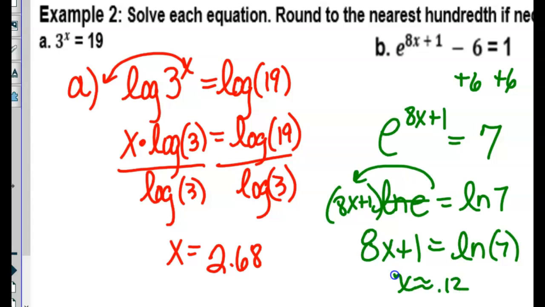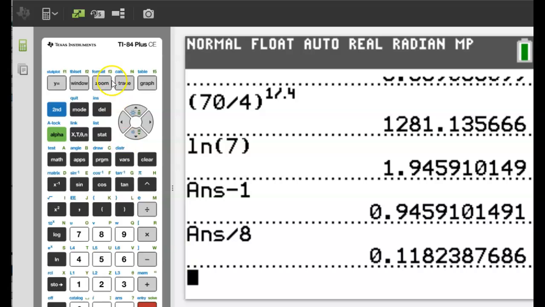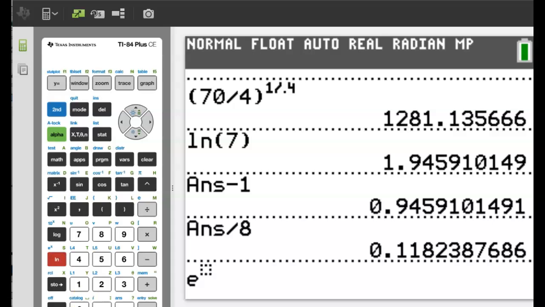This is a good one to maybe check. If I put it back in, I don't think I'm going to get exactly 1. What did it have? E to the 8 times, what did we get? 0.12? 0.12. And then plus 1. And then it had a minus on the back.